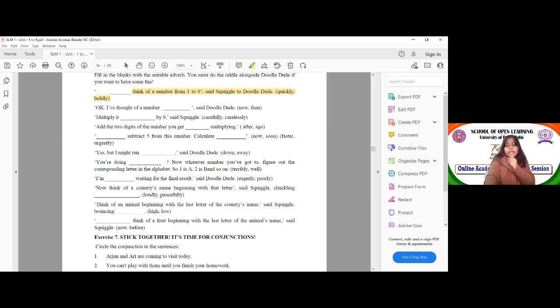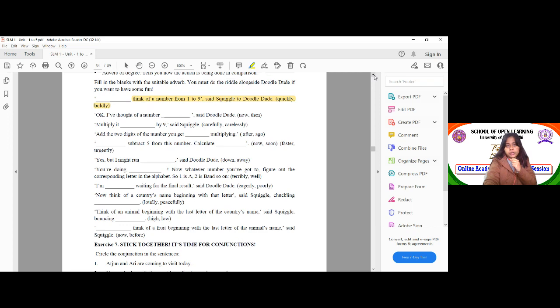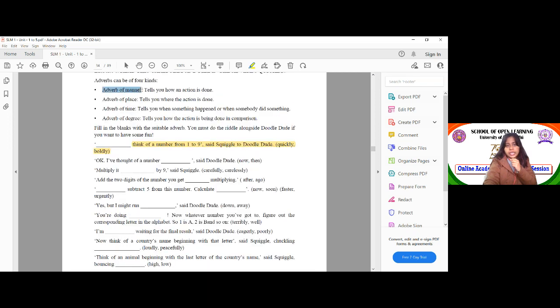Yes, quickly is the adverb, but tell me what kind of adverb is it? There are four kinds of adverb: adverb of manner, adverb of place, adverb of time, adverb of degree. What kind of adverb is it? Yes, adverb of manner. Adverb of manner is how.